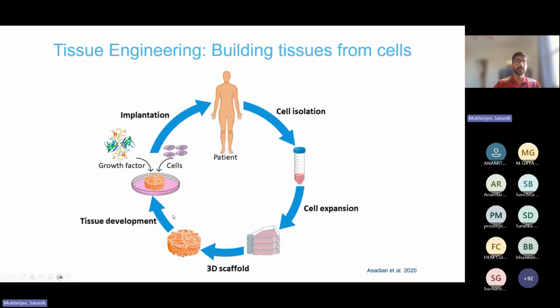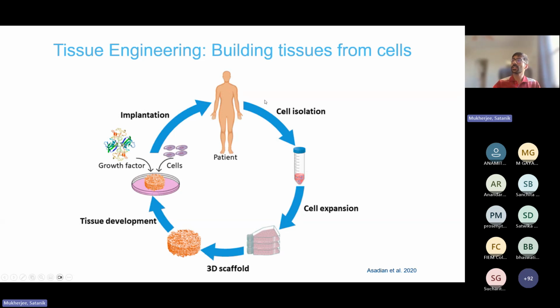And then you would put different culture conditions that would enable the cells to secrete their own matrix, with the long run generation of new tissue happening outside the body. And once the cells have secreted a substantial amount of matrix, so that the scaffold is now filled with matrix and resembles the properties of the tissue of interest, in our case cartilage, then these cell-seeded scaffolds, which are now called tissue constructs, are implanted back into the human body, especially in the defect where you have a loss of cartilage.